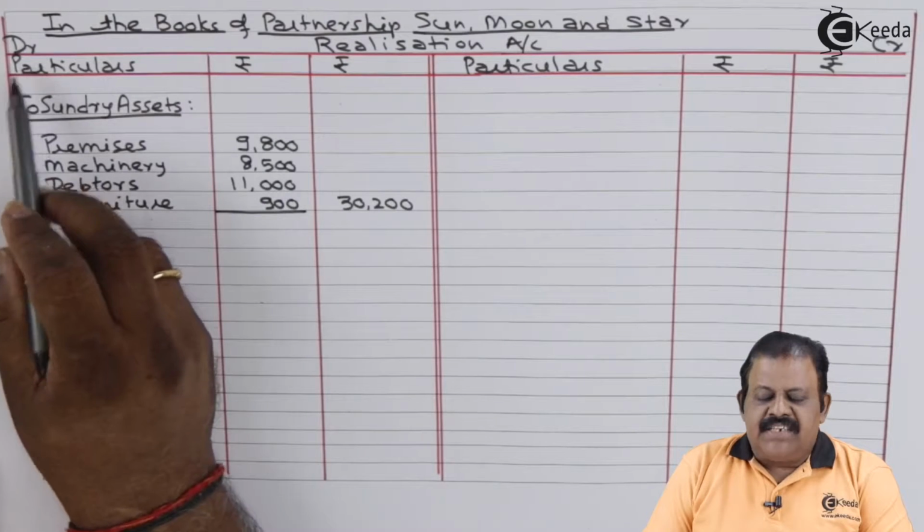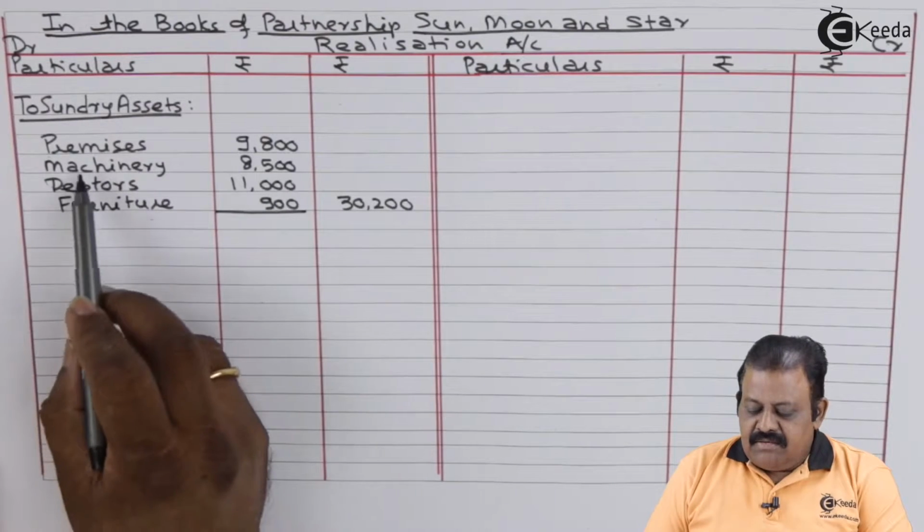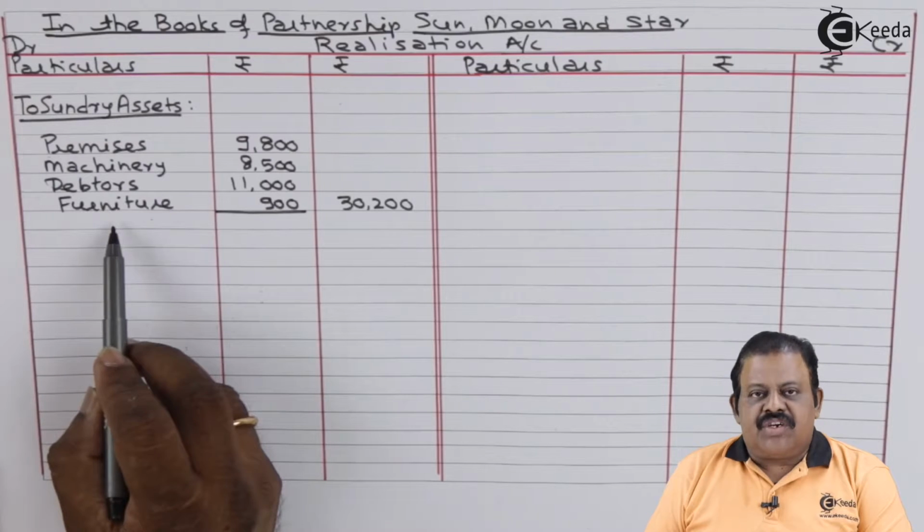Realization account debit side to sundry assets: premises, machinery, debtors, furniture.